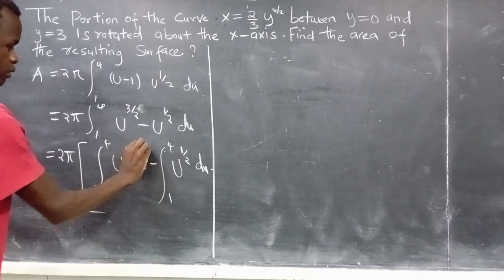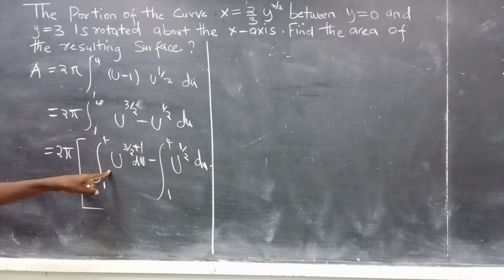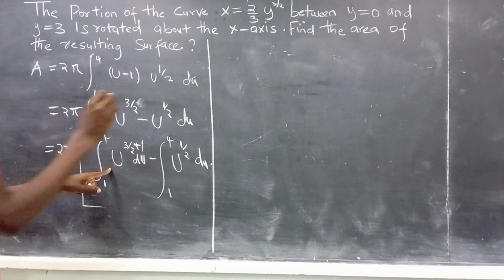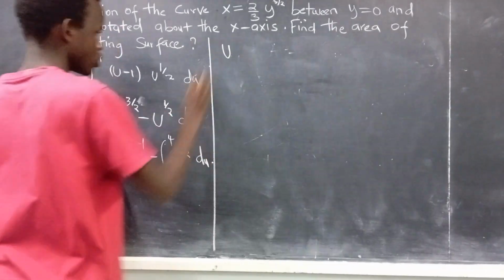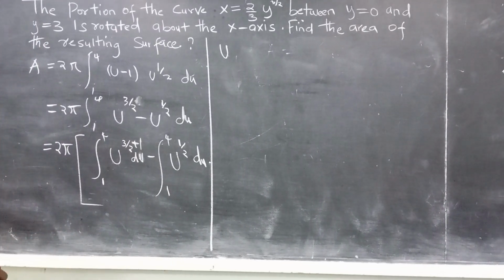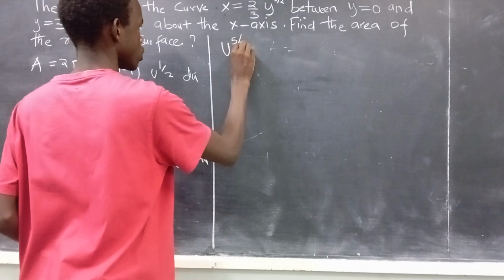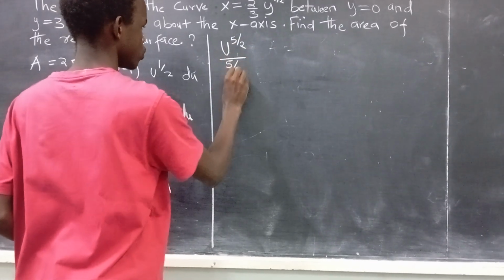Add 1 to the power divided by the result of the power, so it will be u to the, u adding 1, so this is same as 2 over 5, so it's 5 over 2, yes. So this is same as 5 over 2 divided by 5 over 2.